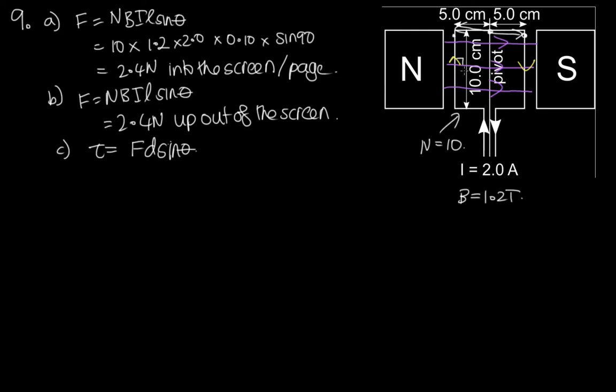Well, what we're going to have to do is calculate the torque along each part of this coil here. So let's start with the torque along this left-hand side here. Let's call it torque left. Well, we've calculated the force up here, so it's 2.4. Now, d, that's the distance, and the distance of this side from the pivot axis is 5 centimeters, so times 0.05. Now, times sine theta, and theta is the angle between this d thing, which is in this direction, and the force, which was down into the screen, so that is 90 degrees.